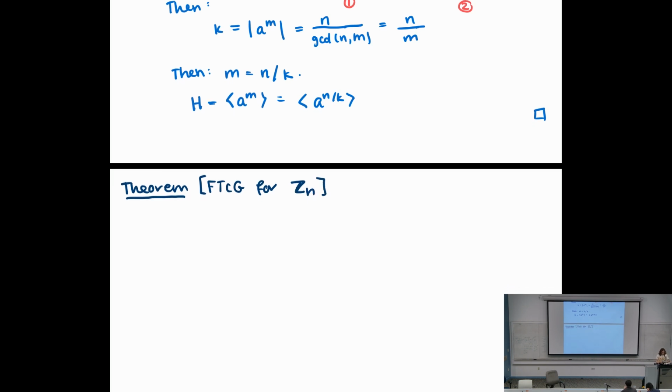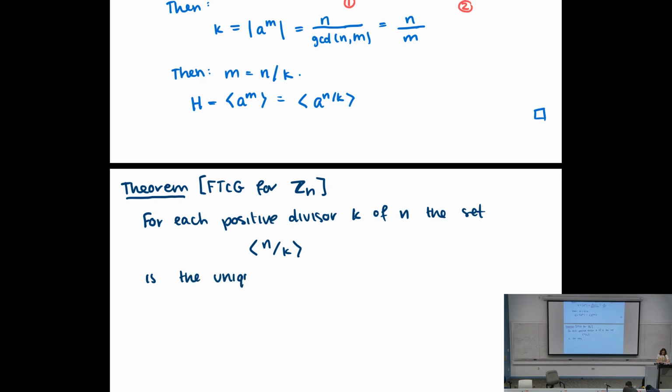So what this says is that for each positive divisor k of n, the set generated by n divided by k is the unique subgroup of Z mod n of order k.